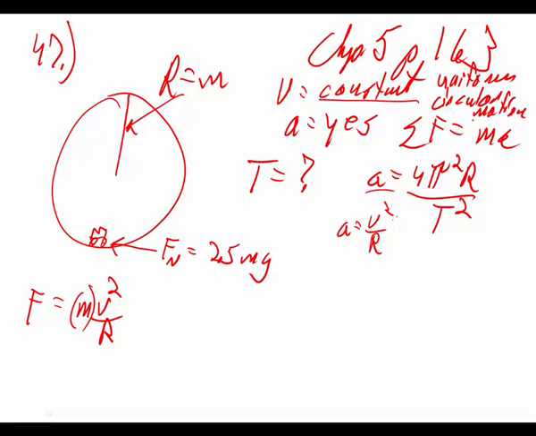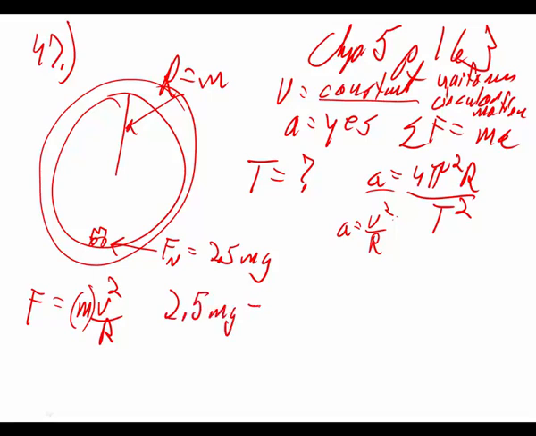We're still not through writing our equations. So let's write an equation for this motion right here. Because here it's 2.5 g. Well, what is it up here? So we got 2.5 mg minus mg, because remember, the centripetal force here is what?